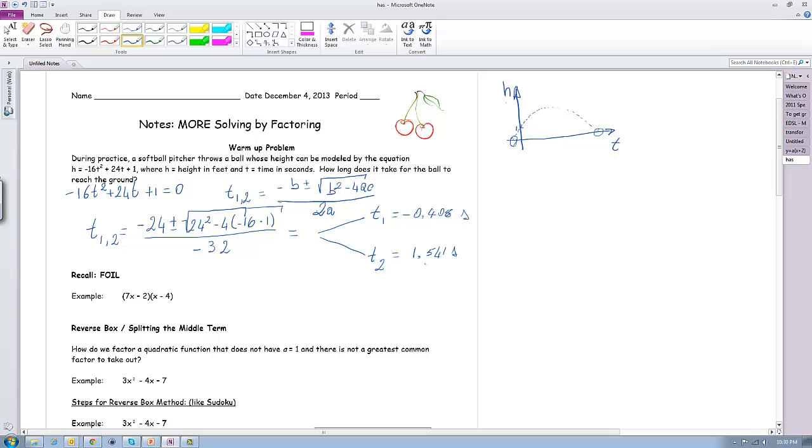Now, this solution, as we discussed in class, seems pretty odd. The ball stays in the air only for 1.5 seconds. This seems to be a really bad throw. I would think that this model doesn't really reflect a real trajectory of a ball that's been thrown. But anyway, this is what the problem was.